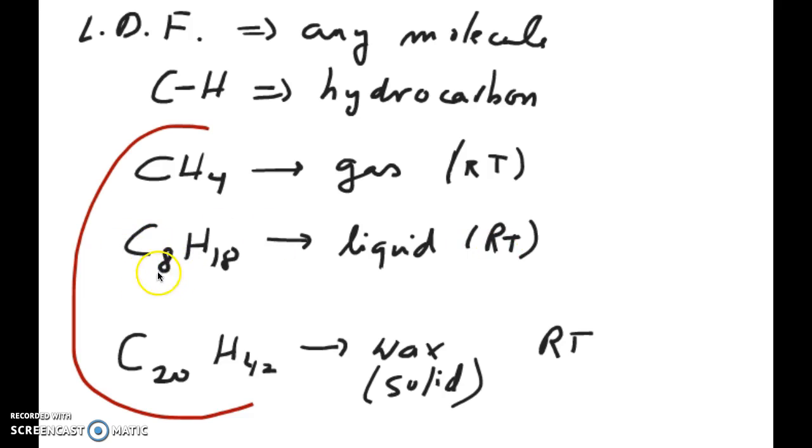If you increase the number of atoms to 20 carbons and 42 hydrogens, at that point you'll have a molecule that we call a wax, which, as you know, is a solid, like candle wax, for example. And again, at room temperature, there's enough London force there to keep these molecules together to form a solid. Okay? So clearly here I want to illustrate that the size of the molecule plays an important role in how strong that force is going to be.